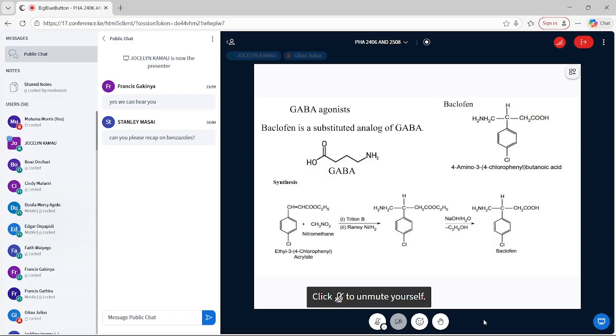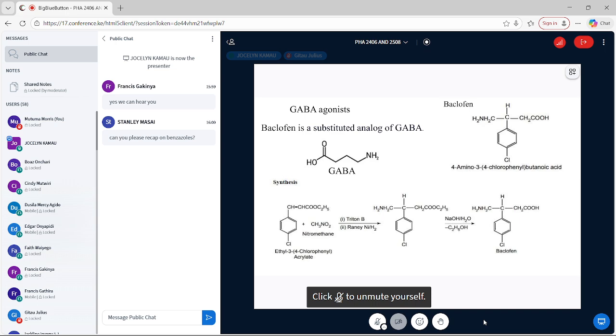The amino group can undergo oxidative deamination, which gives us a hydroxyl group. Once you have a hydroxyl group, it is rapidly conjugated and excreted, so that's the main route of metabolism of baclofen.